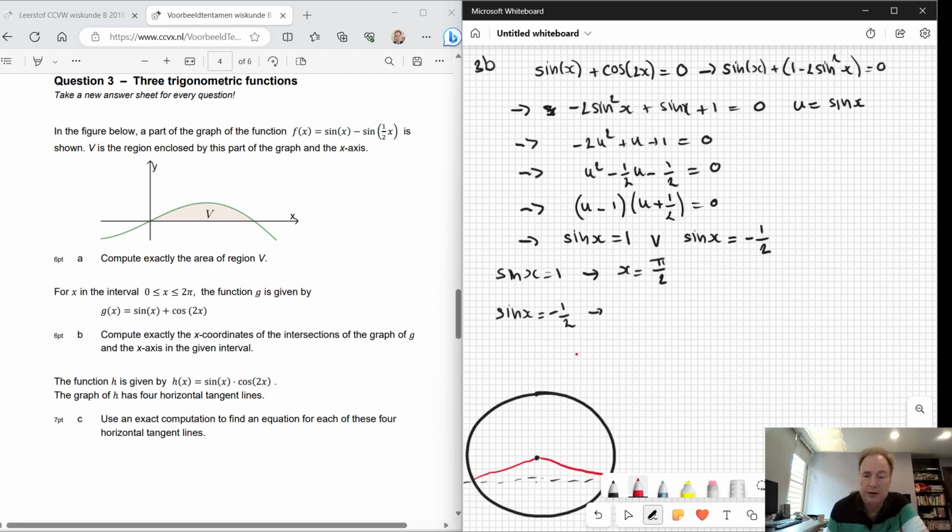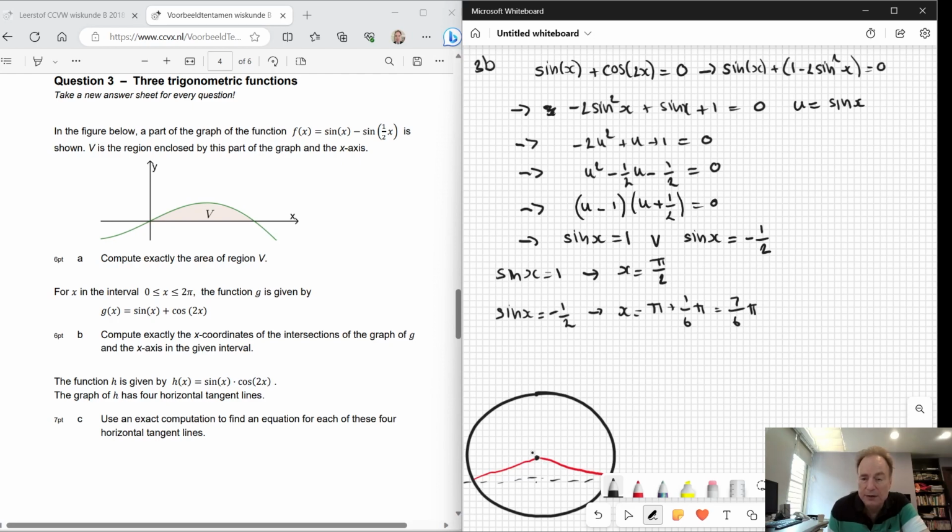So we are here, and this is 1 over 6. So this is pi plus 1 over 6 pi, equals 7 over 6 pi.